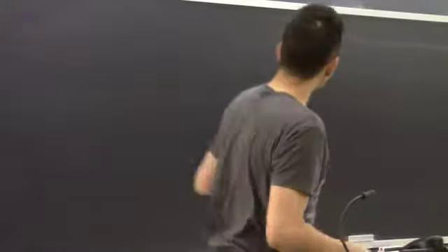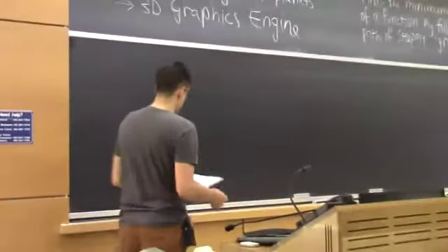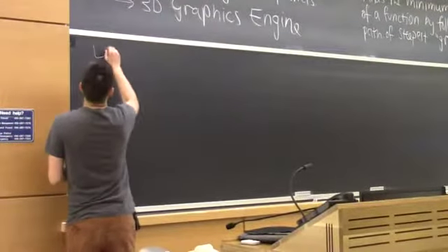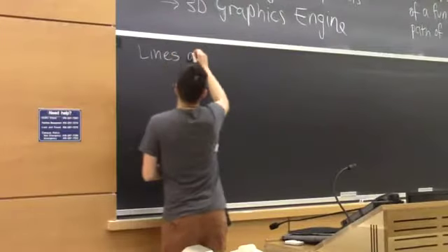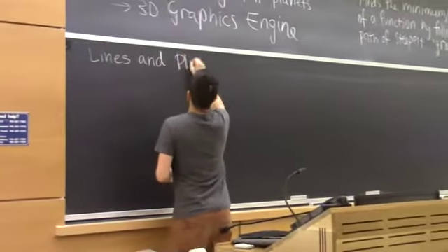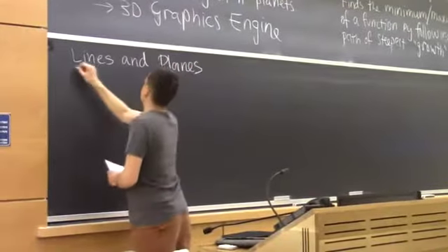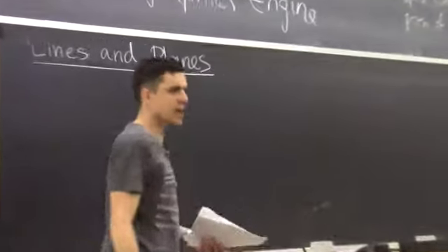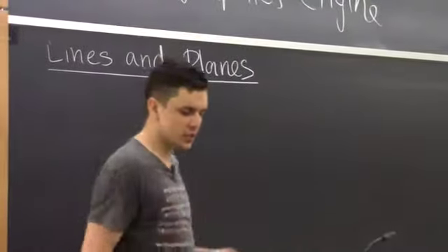And if we're going to do a 3D graphics engine, we should know a little bit about lines and planes in space. So let's talk about lines and planes in space. Okay, so now we're coming back to the regular scheduled curriculum.